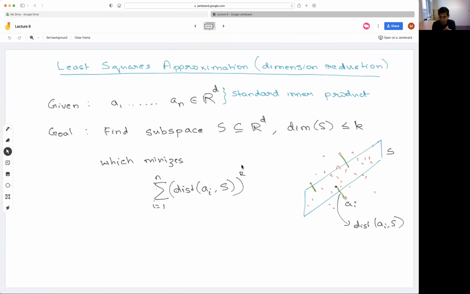In general, dimension reduction corresponds to this problem that you are given, let's say, data points in some high dimensional space. So let's think of this d as high. And you want to find some low dimensional representation of this data for whatever reasons.